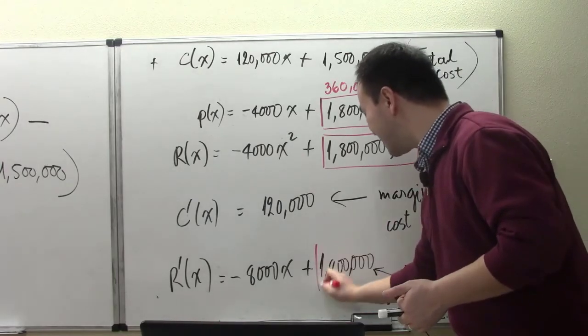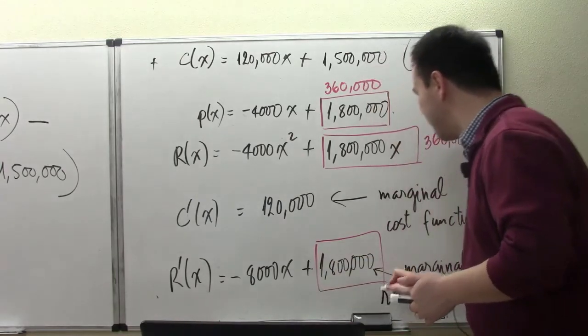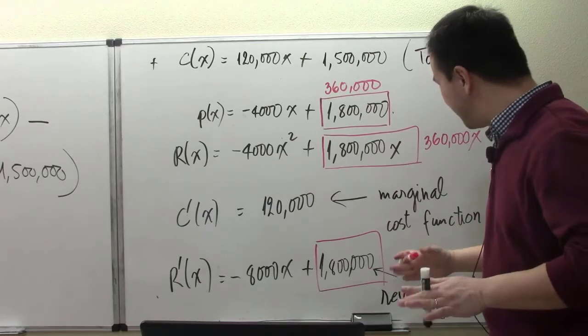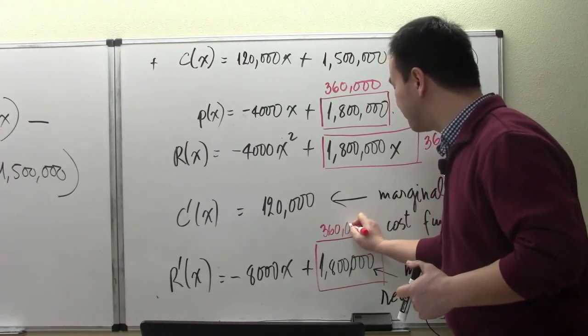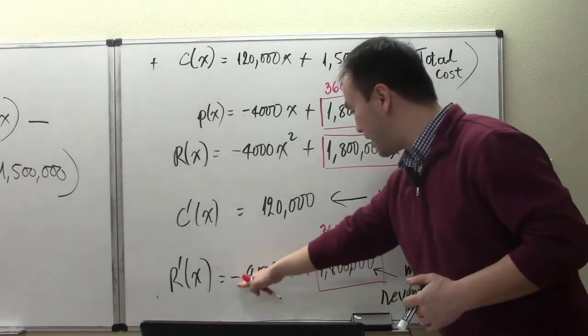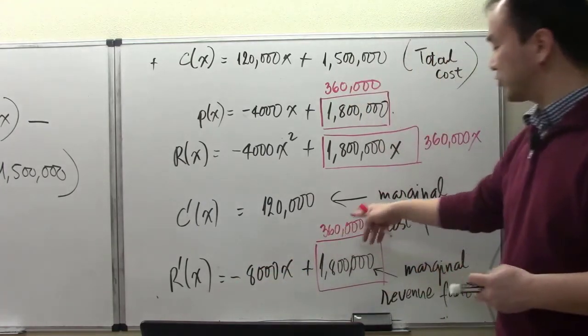And R prime, this last term of my R prime. But it's still easy to trace it down like that. 360,000. Okay, so minus 8,000x plus 360,000.